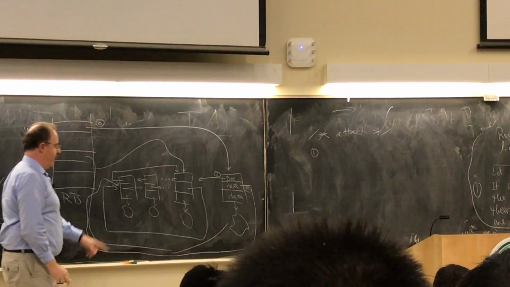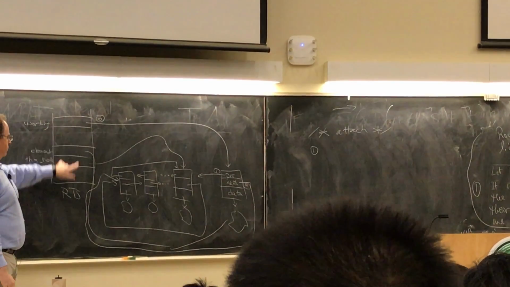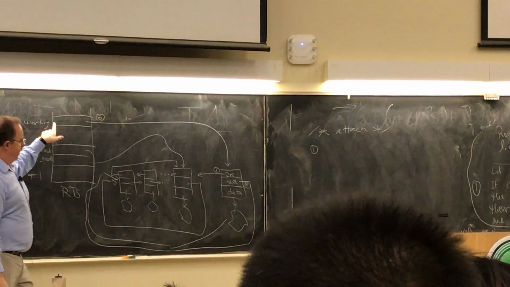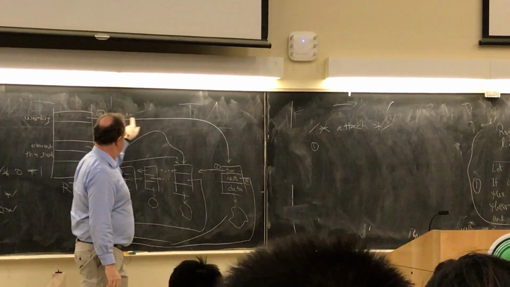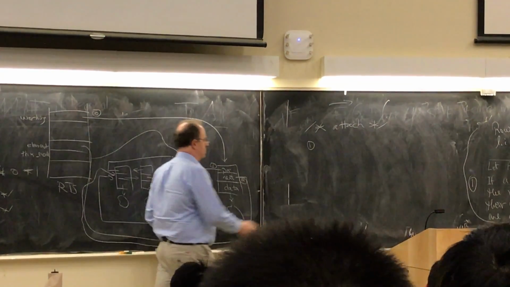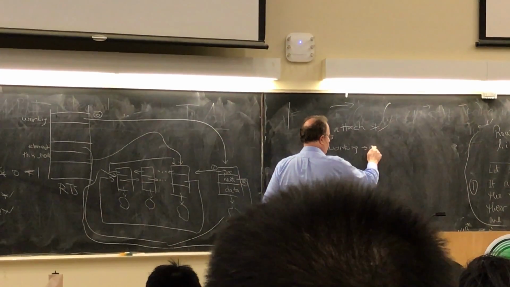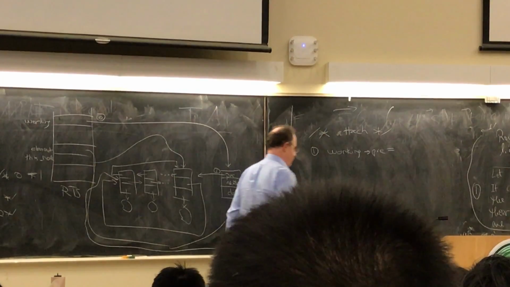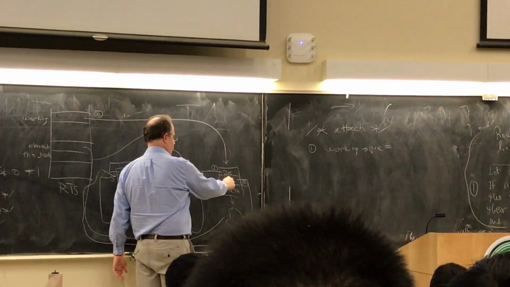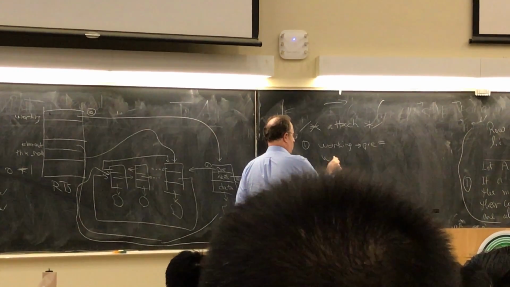We need to start with a namespace. The namespaces are on the runtime stack. So the namespace of this node is working arrow pre. Working arrow pre. And we need to assign that equal to something. And this, of course, is going to be working arrow next.